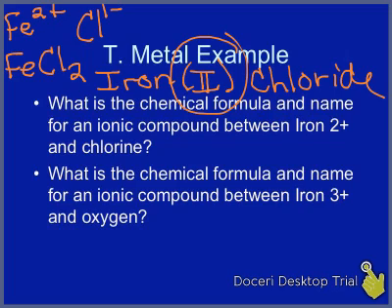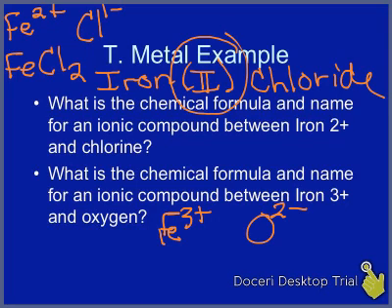Okay, so now let's look at the second example. The second example wants us to do the same thing for iron 3+ and oxygen. So, iron 3+, a different form of iron, right? Oxygen has what kind of charge? 2 negative. We cross the numbers.